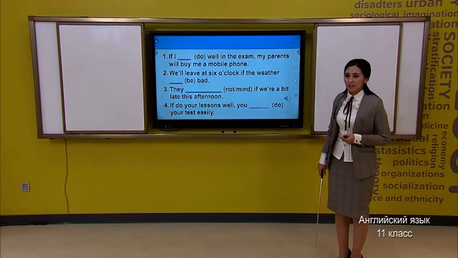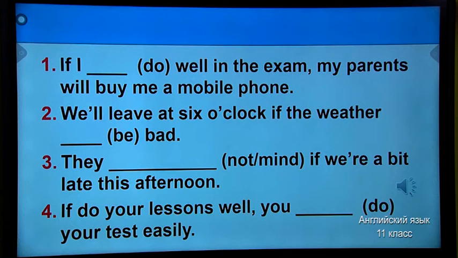It is time to practice. It is a usual task. As usual, I give you 20 seconds. Please open your notebook and put 4 numbers and write just answers for each gap. Then we will check together. Are you ready?